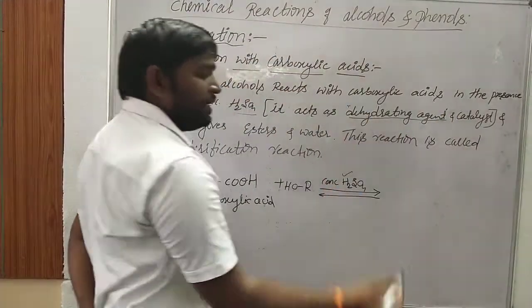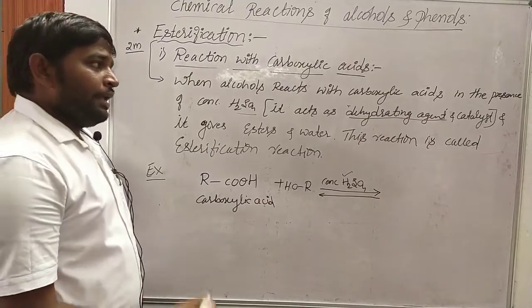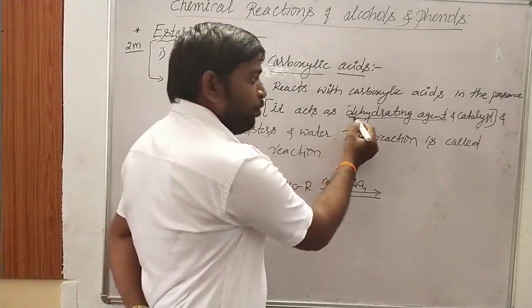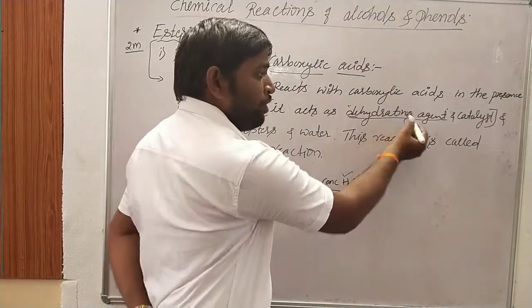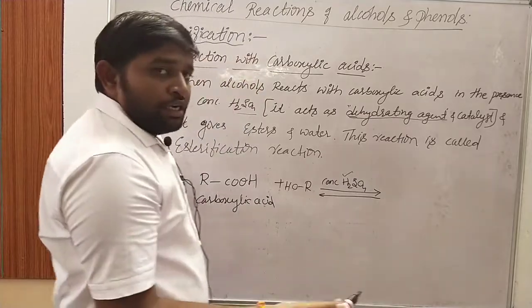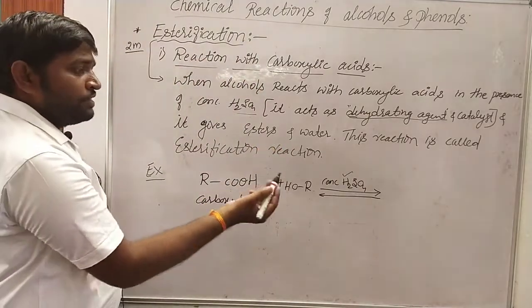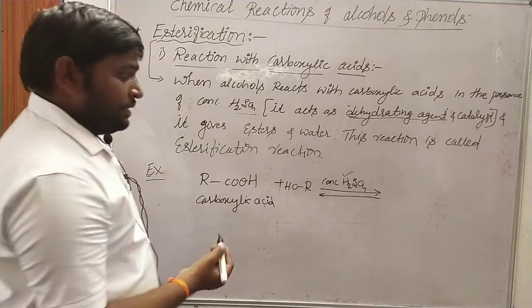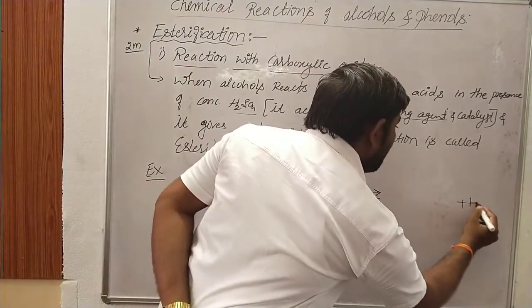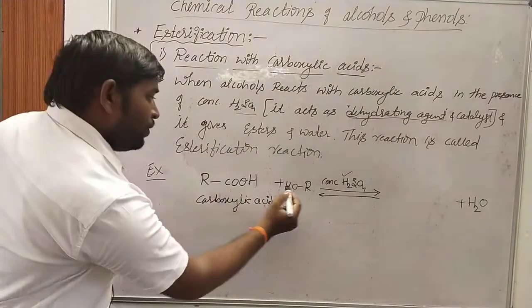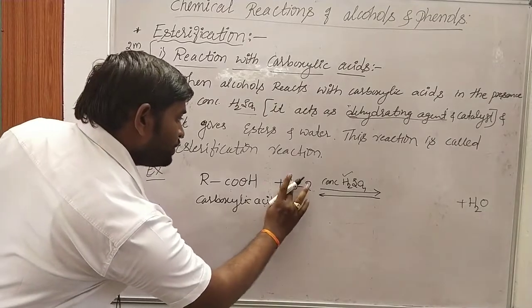What do you mean by dehydrating agent? Dehydrating agent is nothing but, D means removal of what? Hydrating molecule means water molecule. The removal of H2O molecule is called dehydrating. So we are able to remove a water molecule.